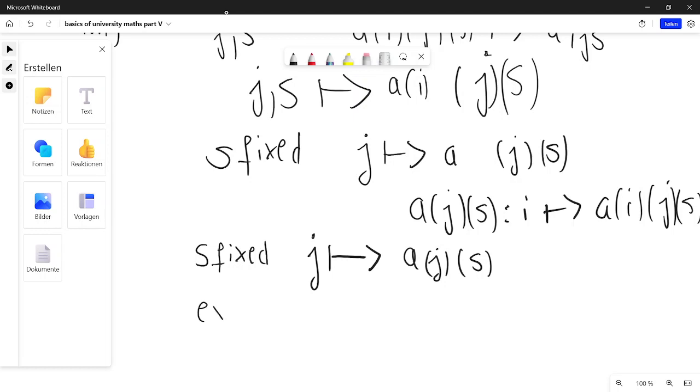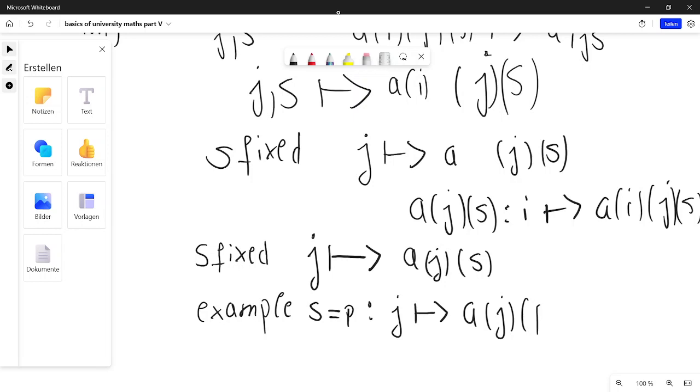Example, S equal P. Then we just have the function that assigns to J always just some number that depends on J. We have to go through all J's there, right? Assign some numbers that depend on J. And here is P. All right.